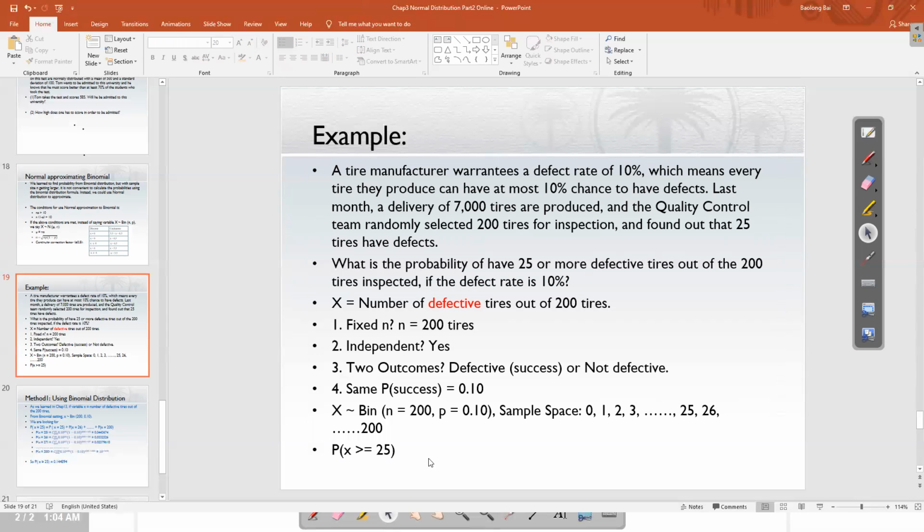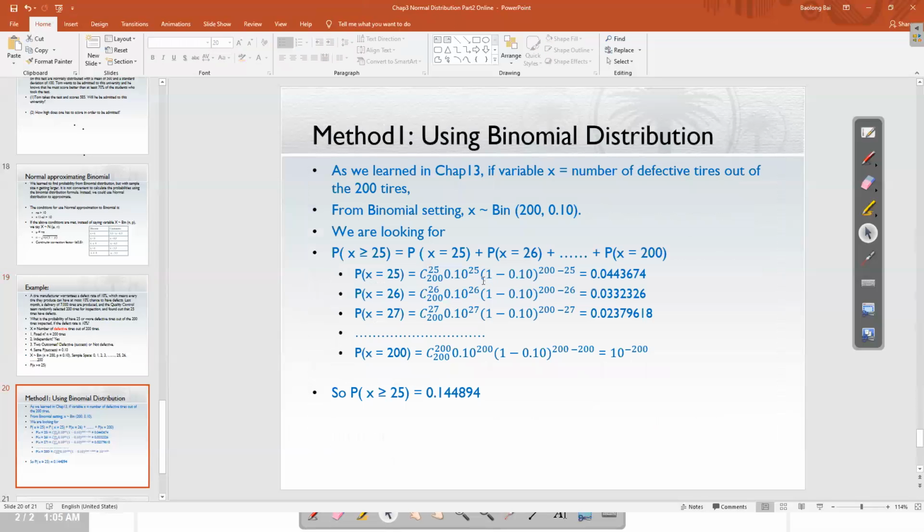Greater than or equal to 25 means you need to look for the probability of 25, 26, 27, 28, 29, 30, 31, 32, up to 200. For each of them, you use the binomial formula to calculate. You'd need to calculate like 200 times. There's an easier way: you can calculate from 0 to 24 and subtract from 1, but that's still 24 calculations. That's a lot of calculation, right?